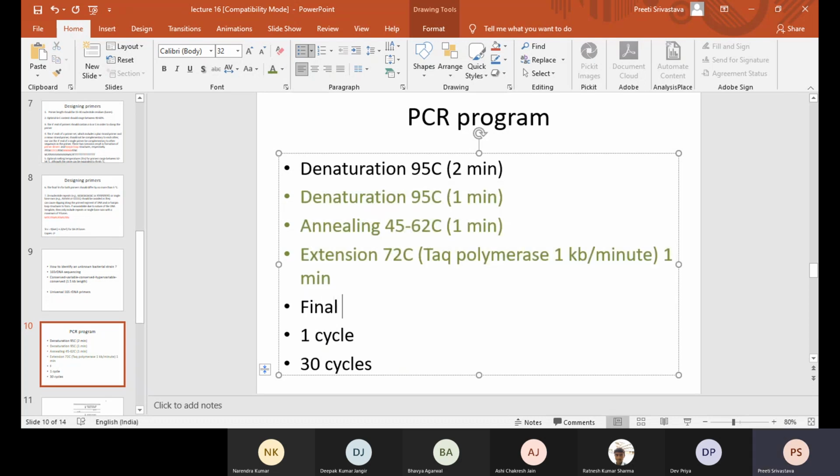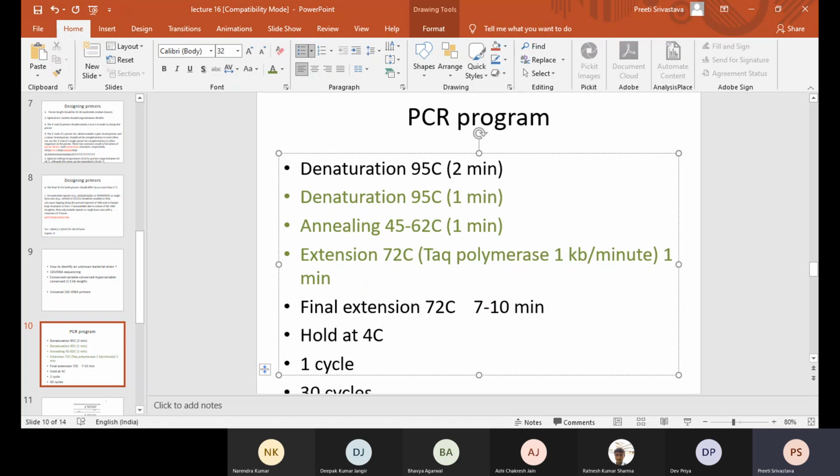And then we give a final extension at 72 degrees Celsius for 7 to 10 minutes. This final extension is given for any templates which are left, which are not extended completely, and then we set the program to hold at 4 degrees Celsius.